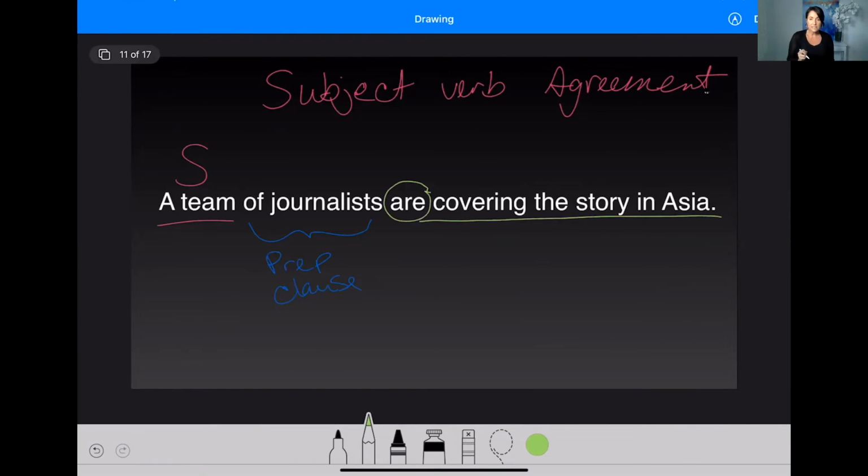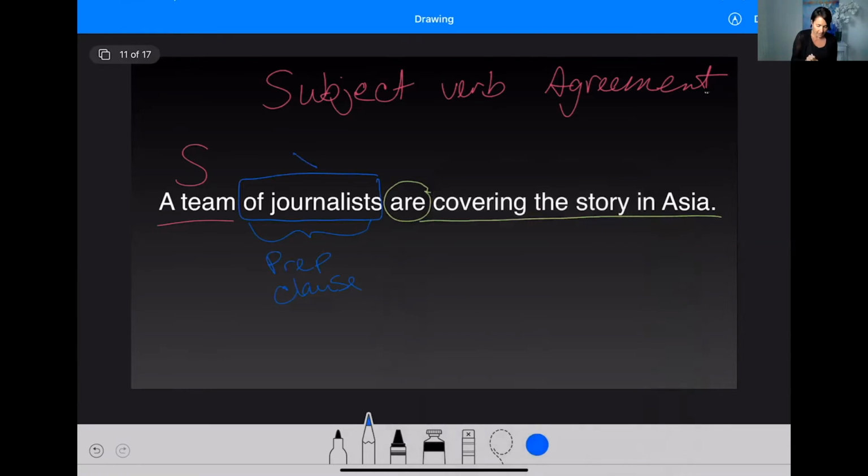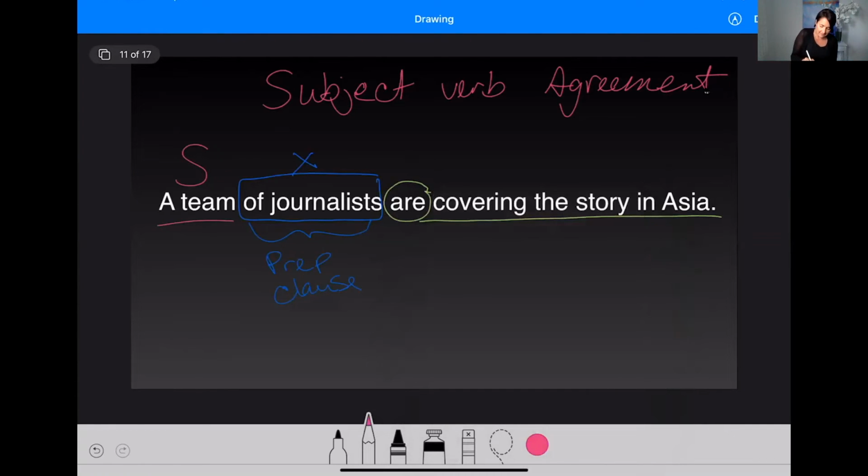Well, what you can essentially do is cut out this prepositional phrase here. You could essentially take this out and throw it away, and it should read, a team is covering the story in Asia. The team is covering the story in Asia. You will see this a lot.